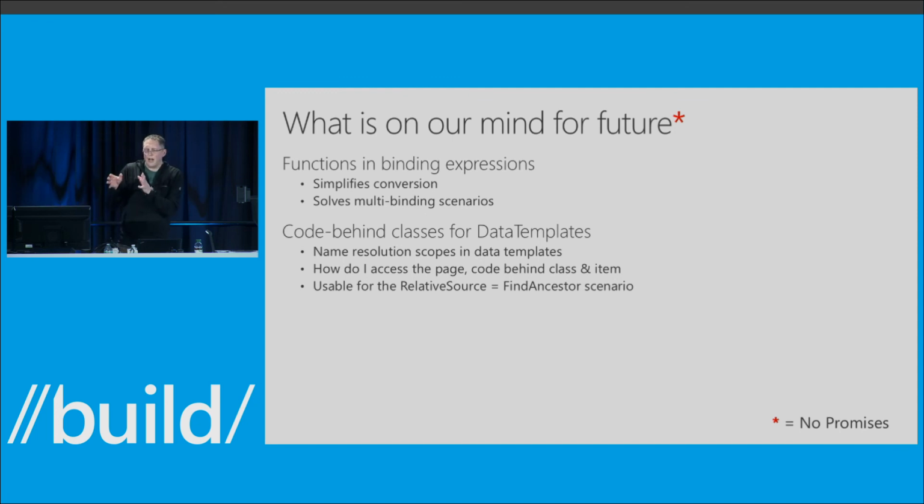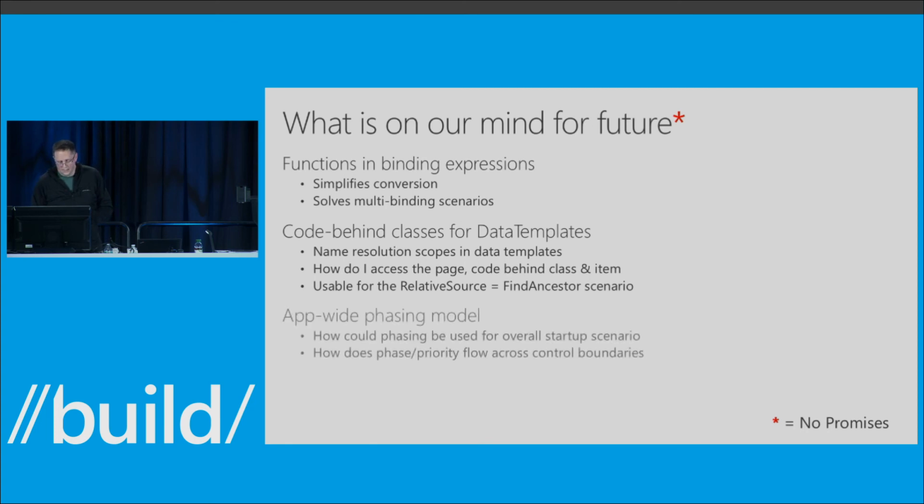And then how could I scope and access stuff from the data object, from my class, or larger scope? We don't have a solution for find ancestor with xbind so far. I think that would solve the most common cases for it. It's something we're looking at.